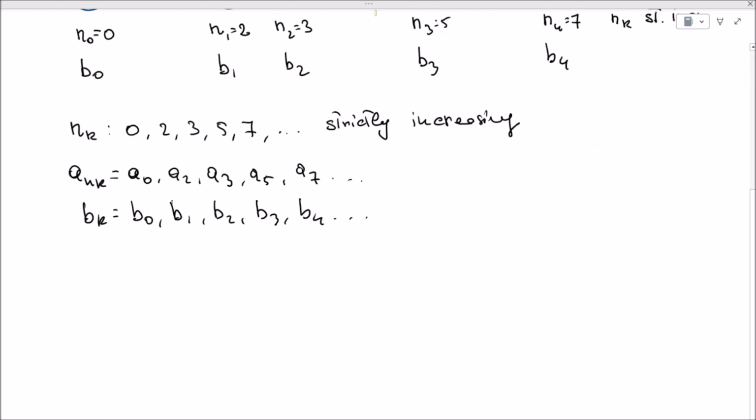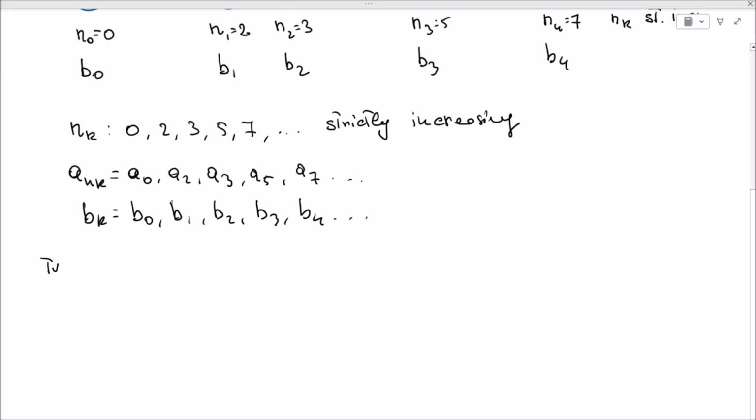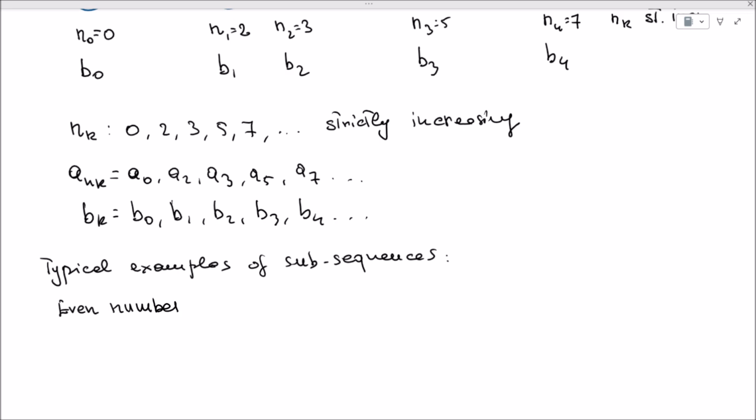Now, let's give some examples of typical subsequences. We have even numbers. So we go and select just the elements of the original sequence that have indices which are even numbers.